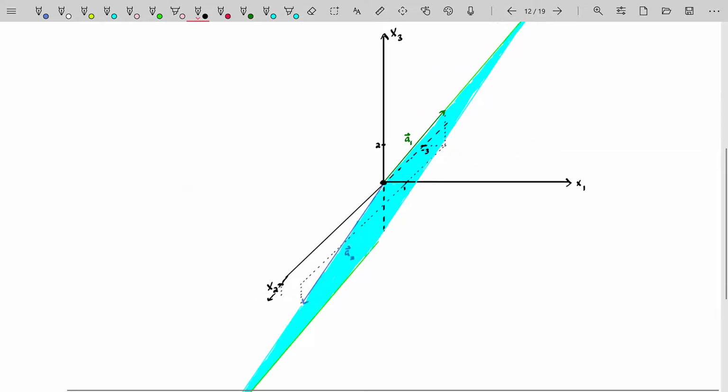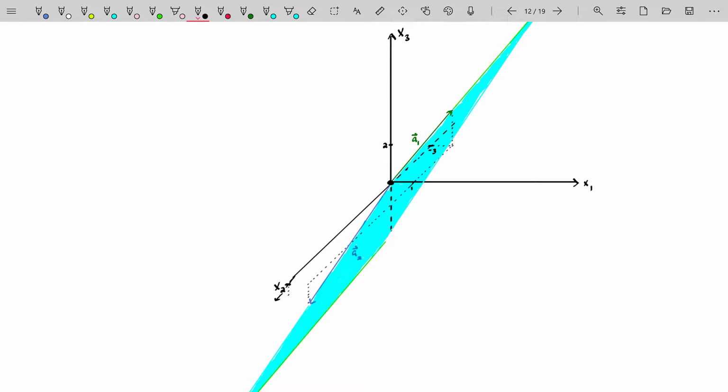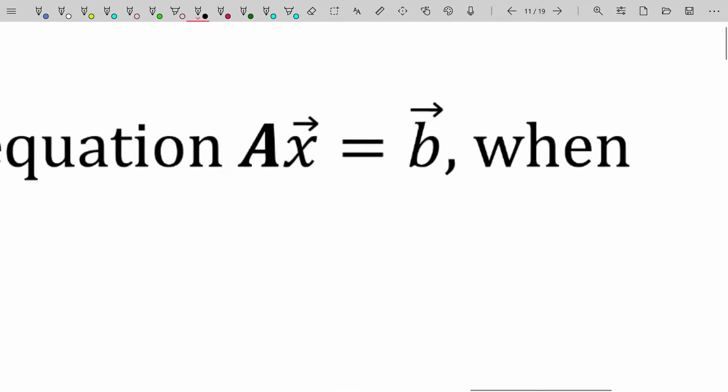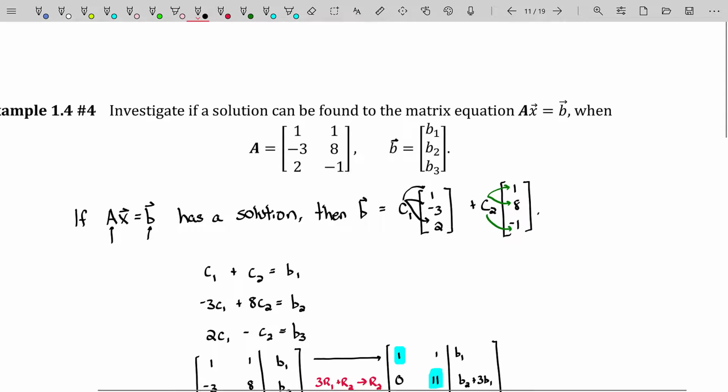So that blue highlighted region and it going on forever in that plane represents all linear combinations of the two column vectors of the matrix A, and therefore all possible values of the right hand side vector B to our equation right here that would result in a solution to the system.